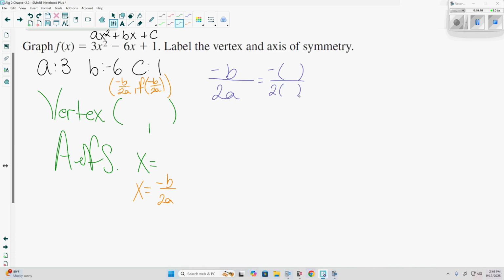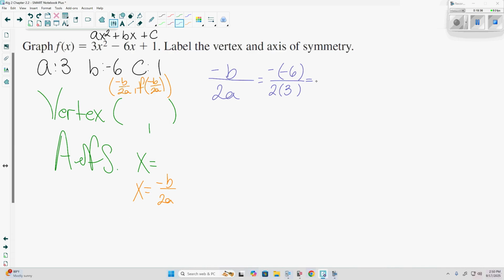So negative b. Well, what's our value of b for this here? Negative 6. Over 2a, well, a is 3. So really it's saying that this negative b over 2a is, for this problem, negative 6 over 2 times 3. Now we can do this by hand.